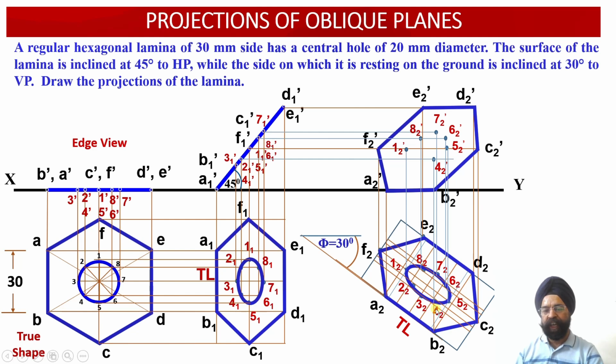From the point 4-2 of the top view, we have drawn a vertical projector line upwards, extended it up to the limit where it intersects the horizontal projector line emerging from the point 4-1 dash. This is 4-1 dash, this one. From here we have drawn a horizontal projector line. So this intersection point is the location of the 4-2 dash point.